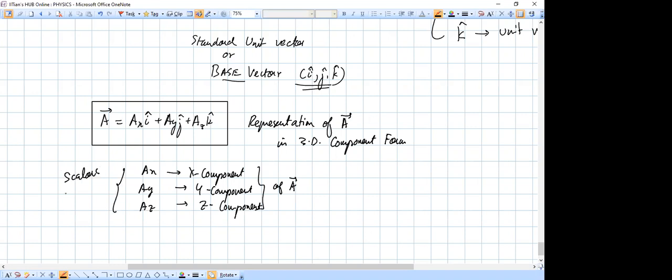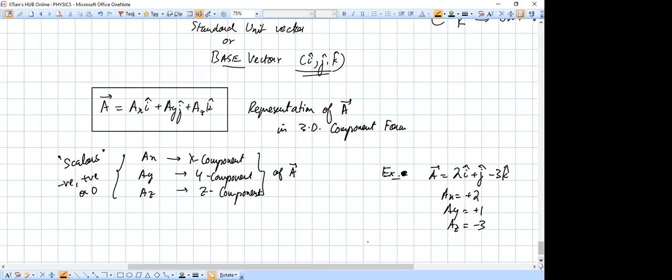These are scalars. They can be negative, positive, or zero. So for example, we can have a vector which is 2i cap plus j cap minus 3k cap. So here ax is plus 2, ay is plus 1, and az is minus 3.